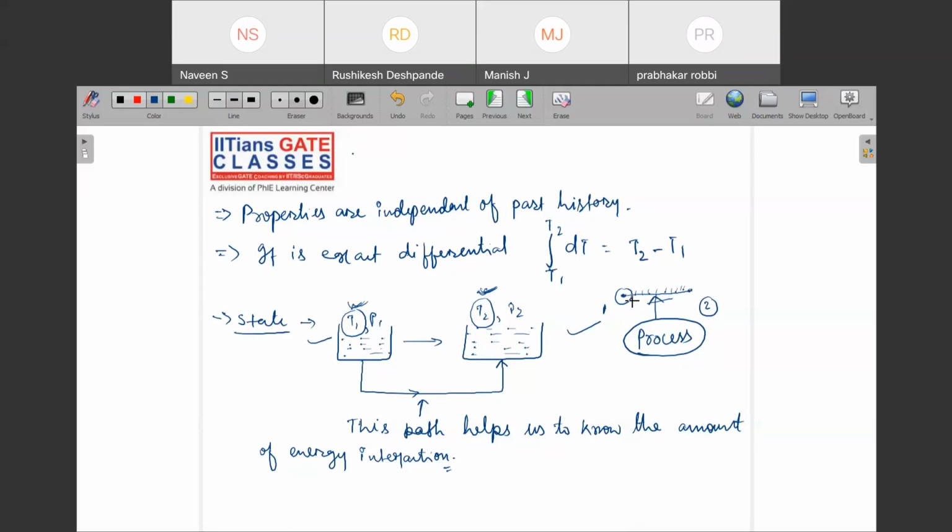So how do we analyze it? One way is the quasi-static process. So let us understand what quasi means.